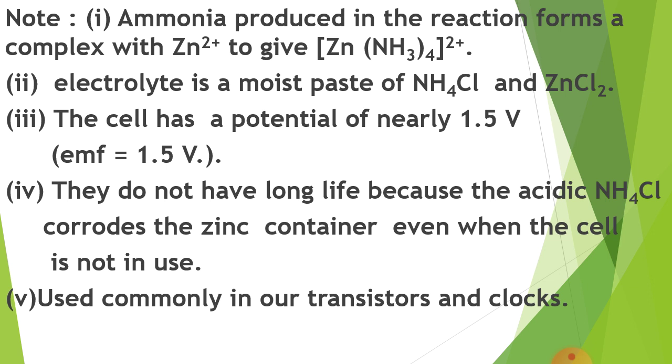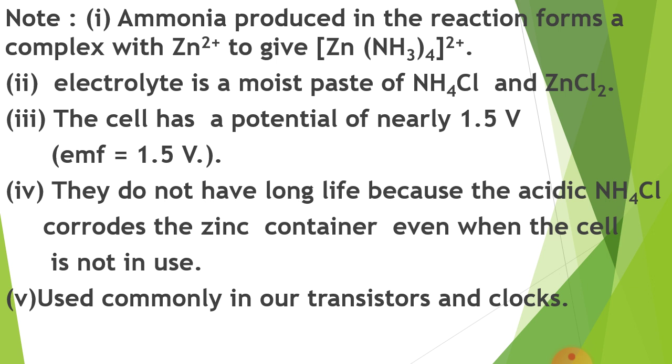Second, the electrolyte is a moist paste of NH4Cl and ZnCl2. Here moist means containing moisture. The electrolytes used are NH4Cl and ZnCl2. Third, the cell has a potential of nearly 1.5 volt. That is, the EMF of the cell is 1.5 volt.